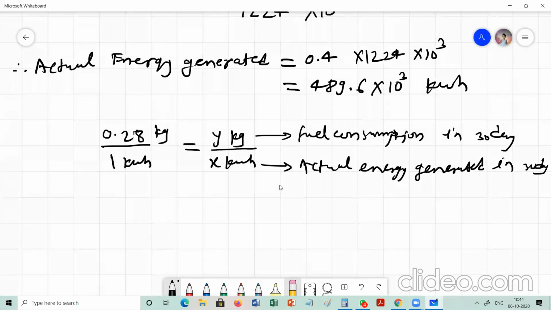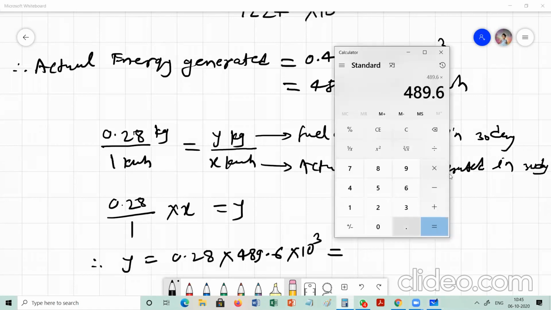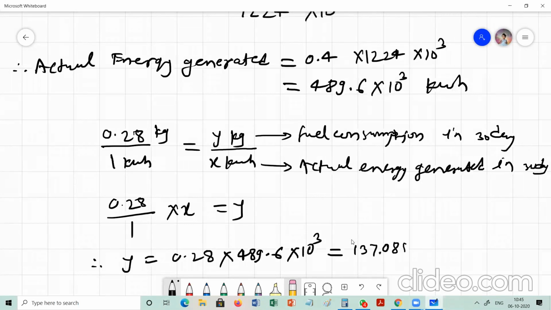So now we have the value of X. So 0.28 divided by 1 into X is equal to Y. Therefore Y is equal to 0.28 into 489.6 into 10 raised to 3, which is equal to 137.088 into 10 raised to 3, which is equal to 137,088 kilogram.